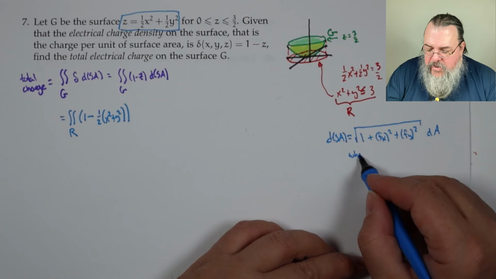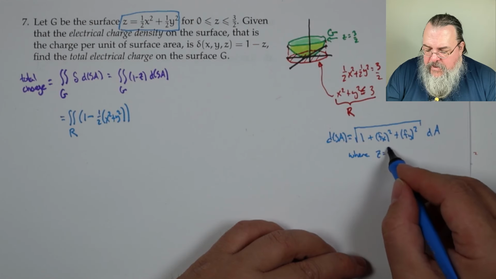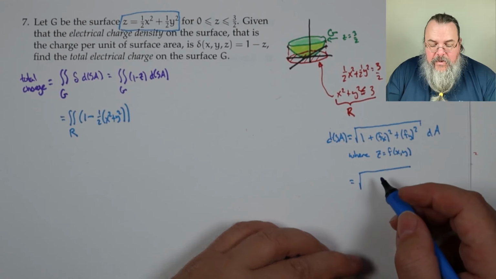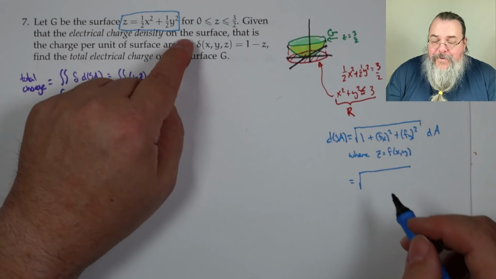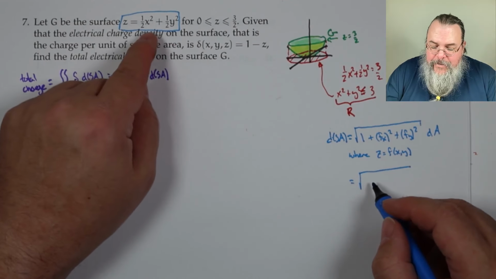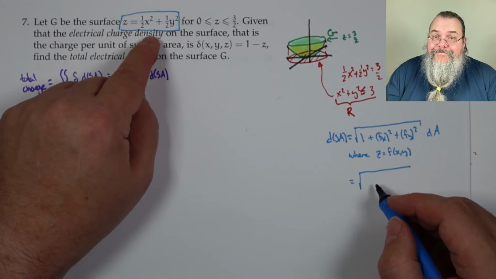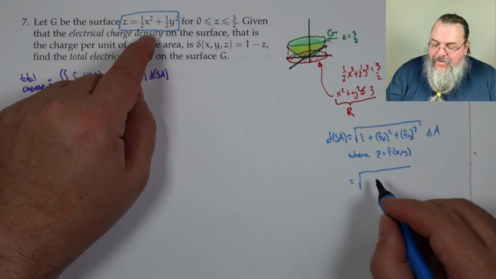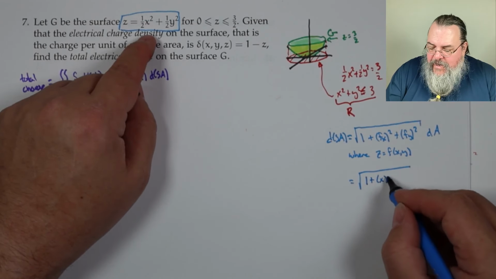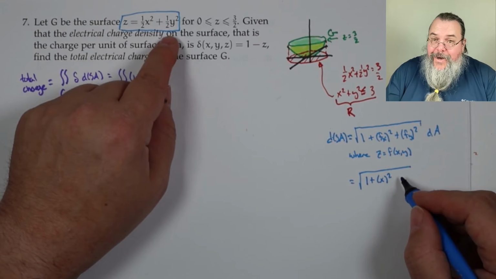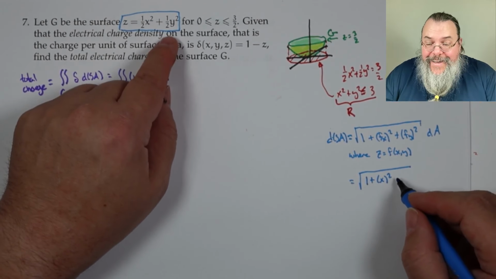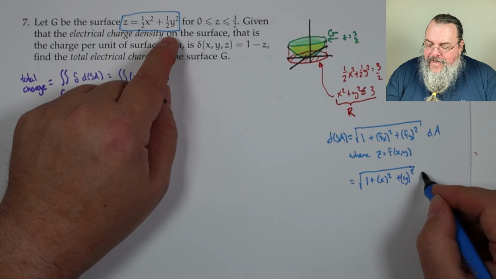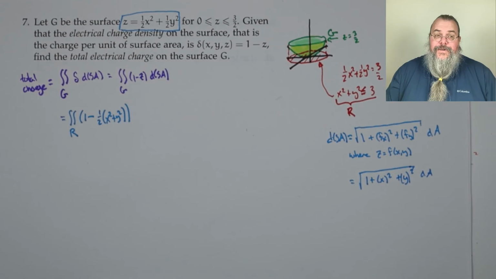For us, f of xy is a half x squared plus half y squared. If we take the derivative with respect to x, we get x, right? The 2 comes down. So it becomes 1 plus x squared. Take the derivative with respect to y, we get y. So plus y squared. And there we go.